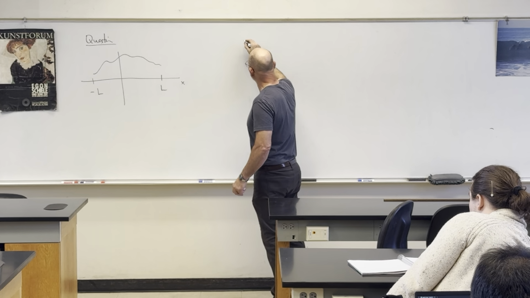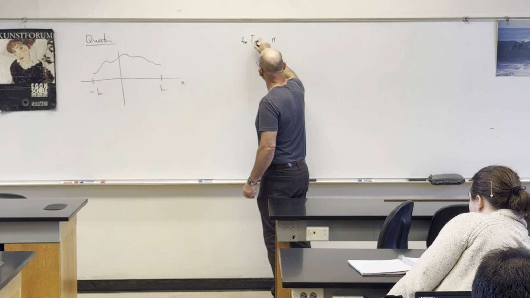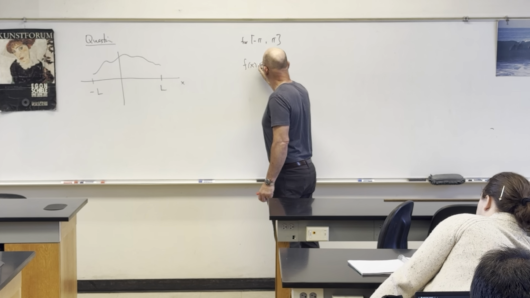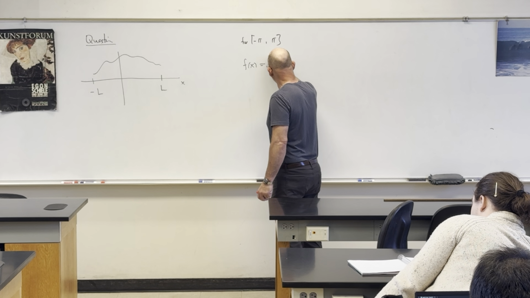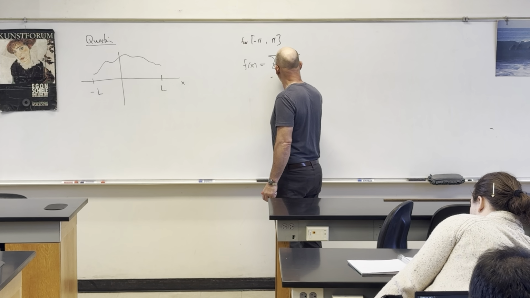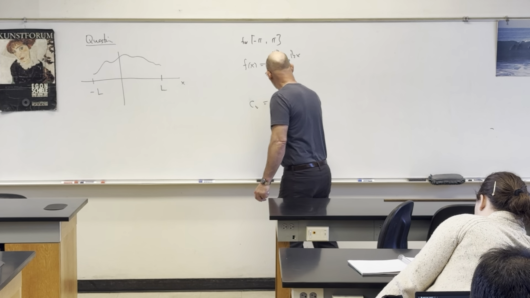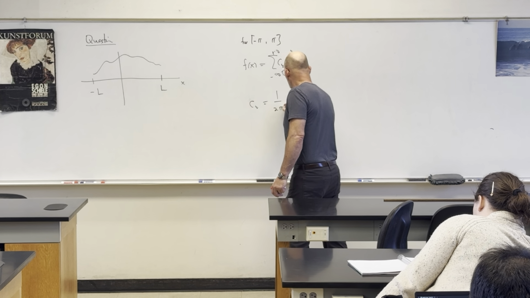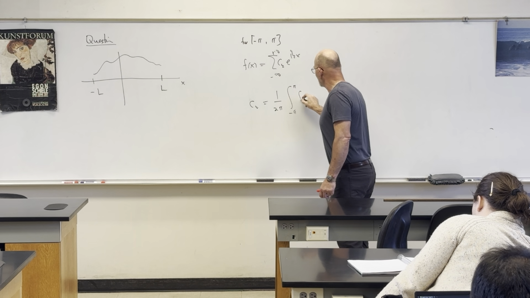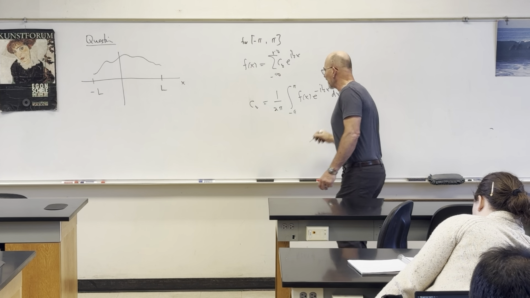Suppose we had, for minus pi to pi, our interval, f of x equals the sum over c sub k e to the i k x, k from minus infinity to plus infinity. And we had c sub k equals 1 over 2 pi times the integral of f of x e to the minus i k x dx.